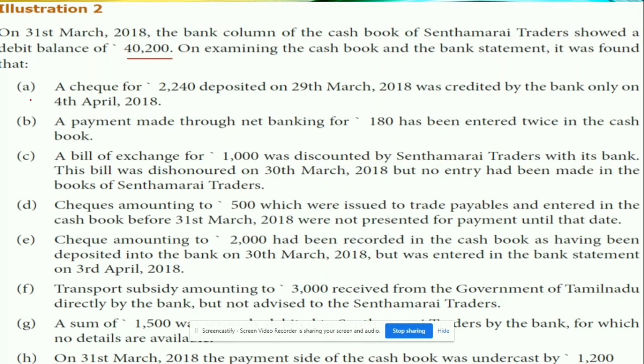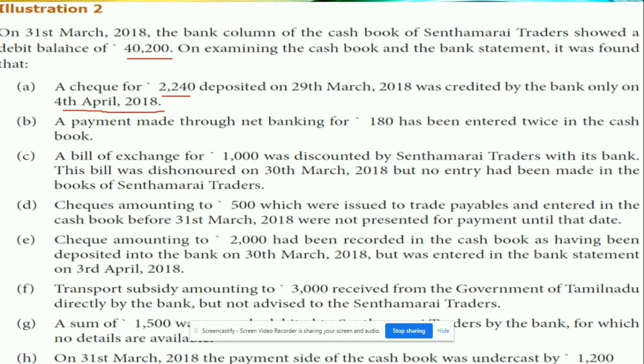And the first entry, a check for 2,240 deposited on 29th March. So on 29th March they deposited a check, which was credited by the bank only on 4th April.